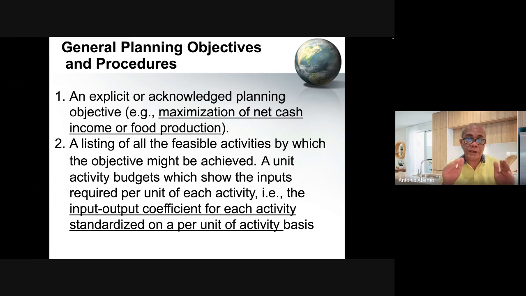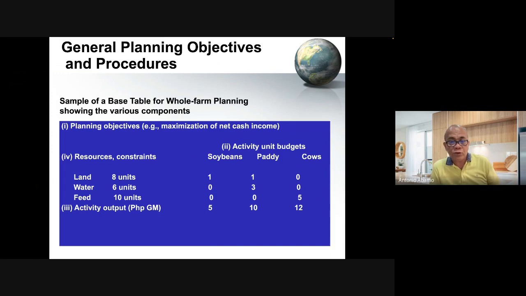But the explicit or acknowledged objective must be either maximization of net cash income or minimization. Then each activity must also correspond to a budget of what is the required number of units per activity according to the resource. That means it will already become the coefficient of that activity. Just like this one, for land, what is the coefficient of land for different crops?